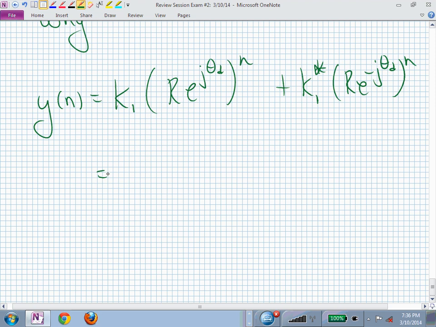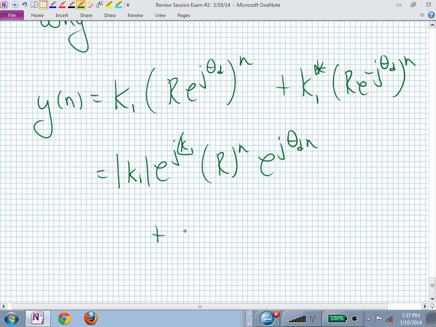But k1 we said could be a complex number. This is now the magnitude of k1, e^(j angle of k1). I'm just rewriting k1 in a polar form. Magnitude and angle, where the angle is e^(j at the angle). R^n, I can now split that product of r and e^(j) by the exponents, the way the exponents work. e^(jθ_d n).